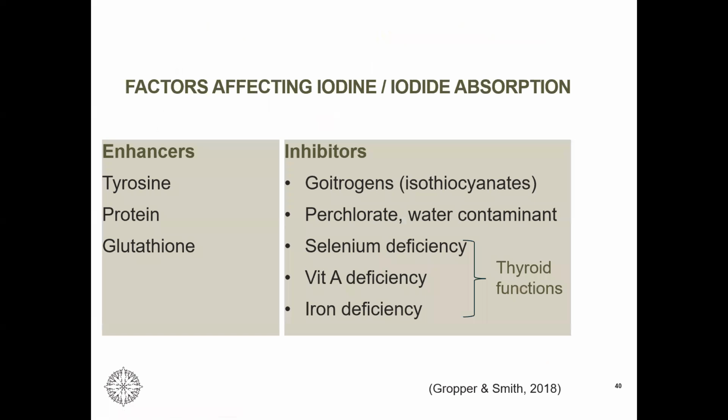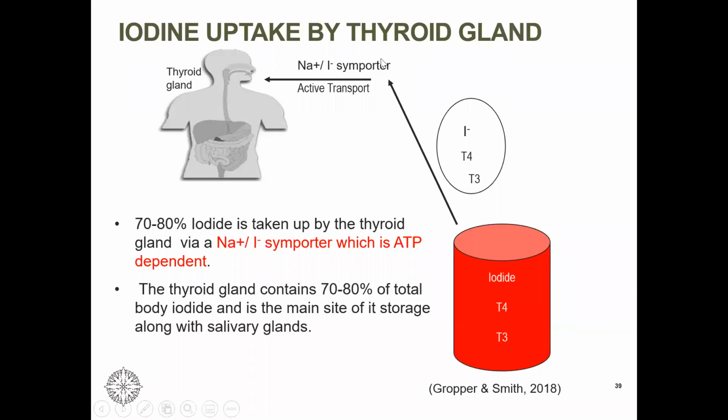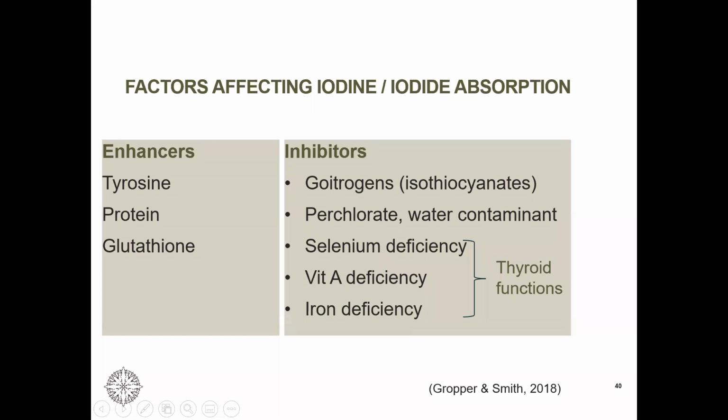That's why for enhancers, we have tyrosine and protein and glutathione, because glutathione is a major antioxidant even in the thyroid gland. So it kind of supports this mechanism.